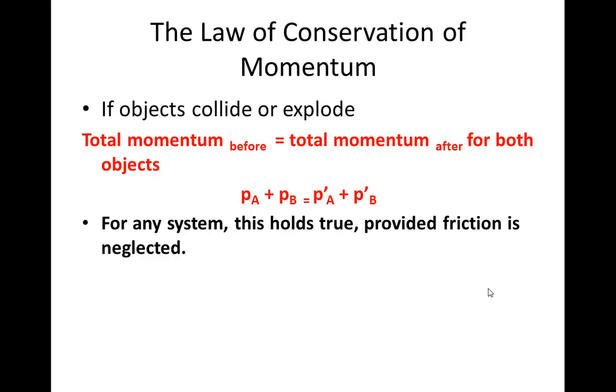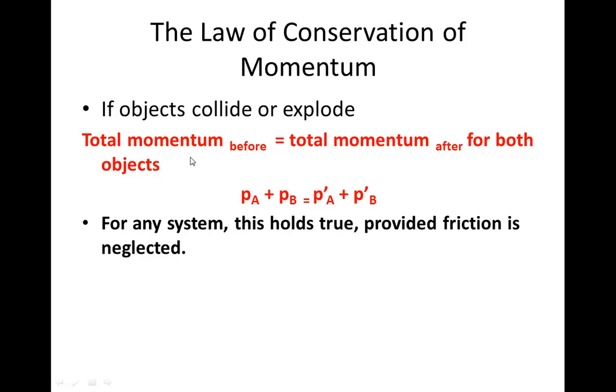Remember that the two objects here are only changing or transferring their momentum to the other object, and in that case we consider all those forces as internal. The only external force that will affect the system in this case is friction, so we will neglect friction for the sake of the law to be true as applied to our problem solving.